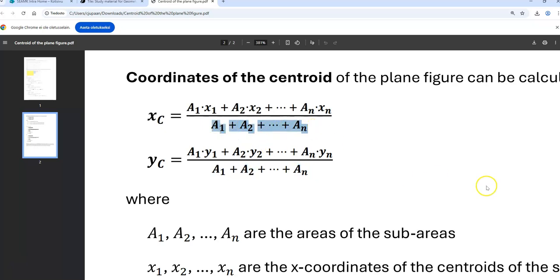So if you have already calculated the area of the whole figure, you don't need to do it again here, because you already know that the sum of these A's in the bottom part of this division is the total area of that figure. And it is the same figure in the bottom part of both coordinates, x and y.